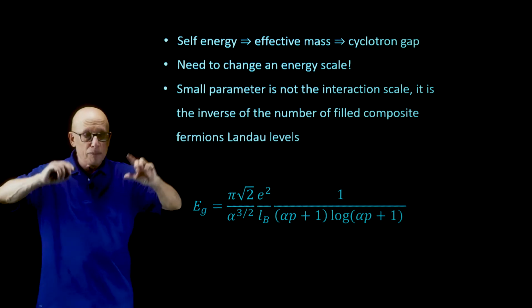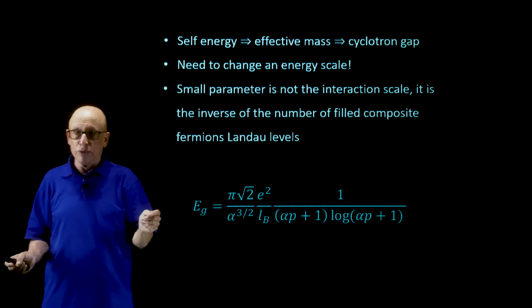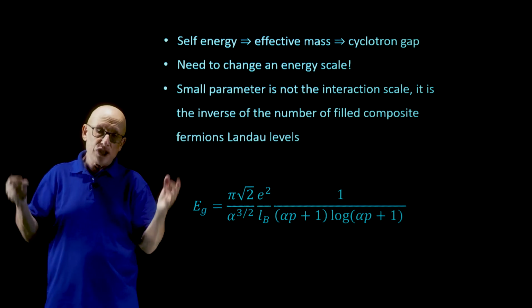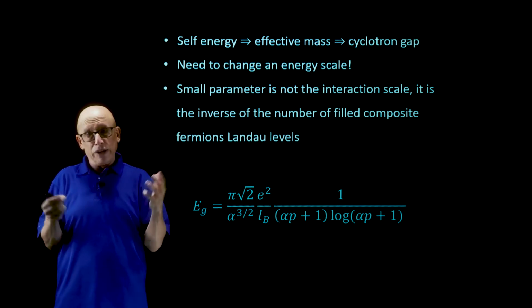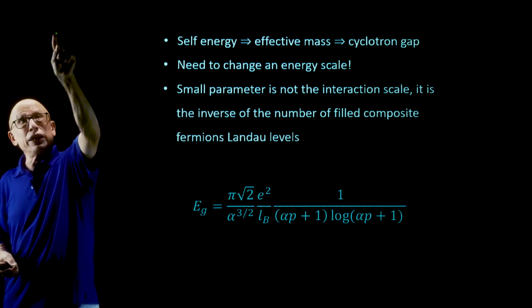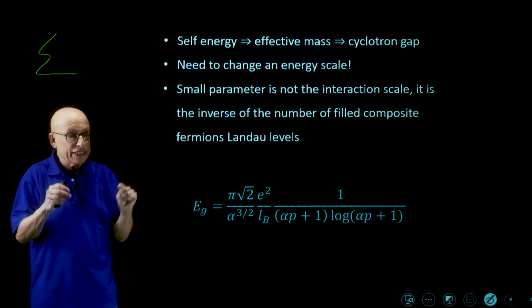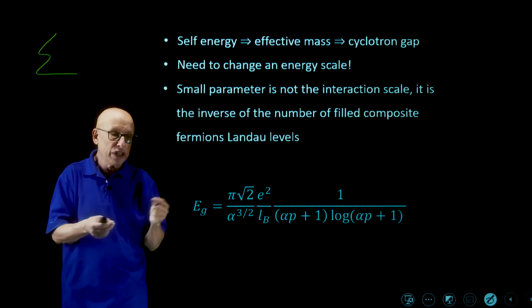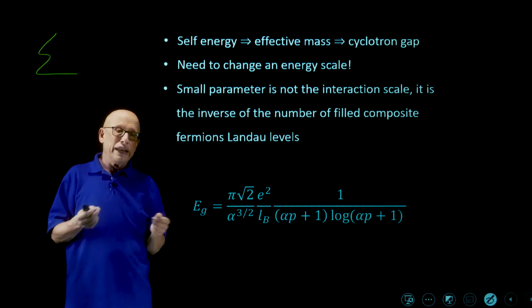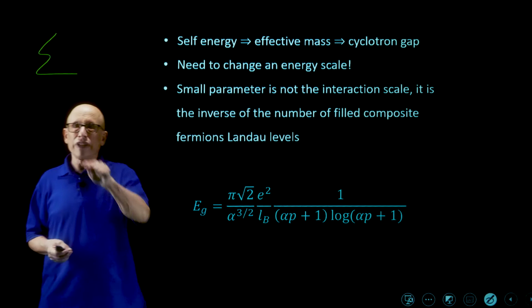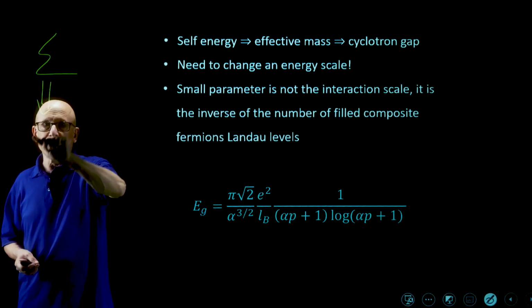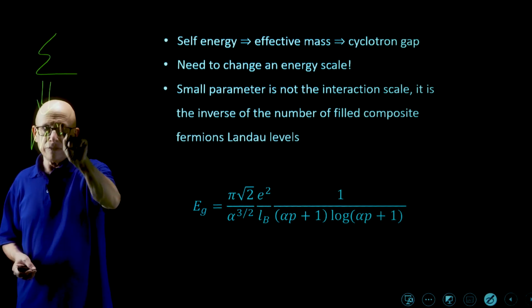If we want to go beyond mean field approximation, within the general formalism of Fermi liquid calculations, the first thing we need to calculate is the self-energy, which would be a function of momentum and energy. Out of the self-energy, we could extract the effective mass.